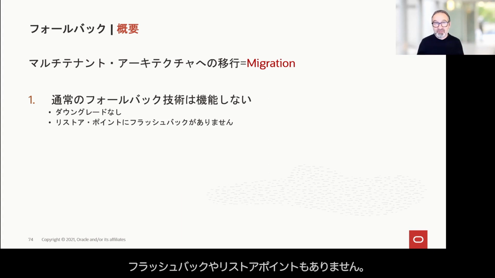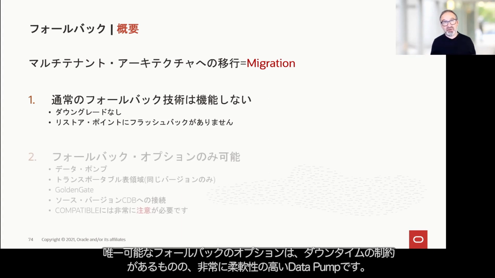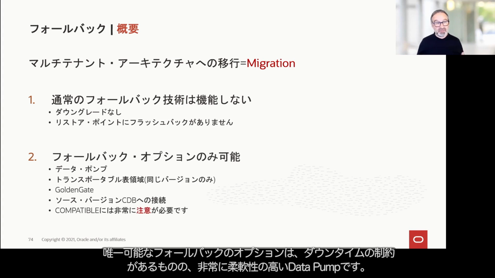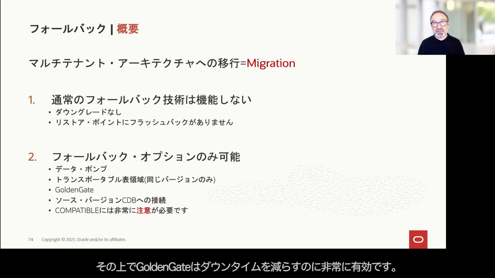We have no flashback to a restore point. And the only possible fallback options are Data Pump, with all the restrictions of downtime but very flexible, transportable tablespaces, which would only work to the same version, and GoldenGate on top of that, very good for decreasing the downtime.